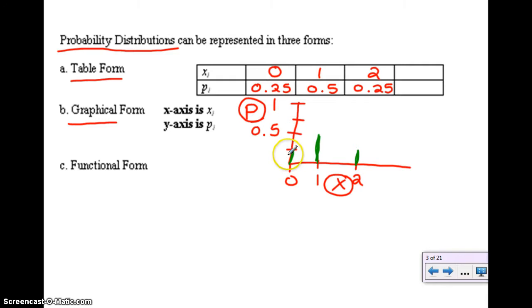Remember, your probability only goes up to 1, so this is really small: 0.25, 0.5, 0.75, and 1. And then you'll notice either points or small lines to represent what the probabilities actually are. If you took all these line lengths and added them together, they would stack up to make 1, that 100%. Another visual way of seeing the same thing we just did in a list. And then sometimes you're also given a function. The function will help you find your probability, and that's what we're about to do an example of.